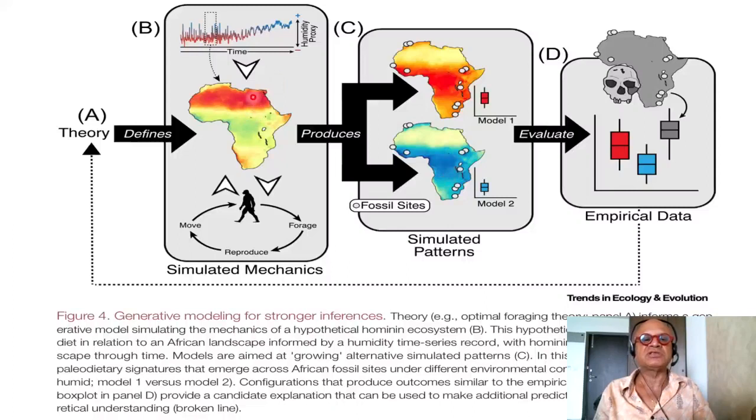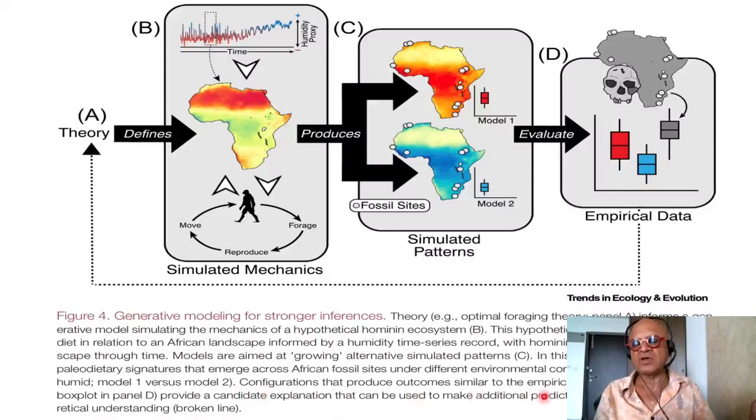Just imagine this as environmental or paleoecological data, vegetation, so desert, rainforests, savannas, grasslands, and so on, and how they may have shifted over time with two models. In this example, the patterns are paleodietary signatures that emerge across African fossil sites under different environmental configurations. For example, arid versus humid, model 1 versus model 2.